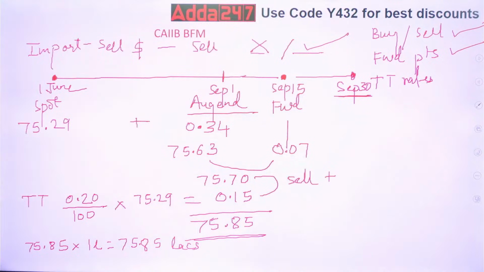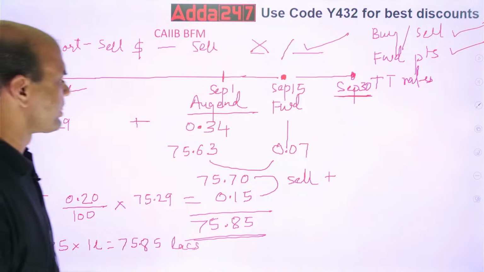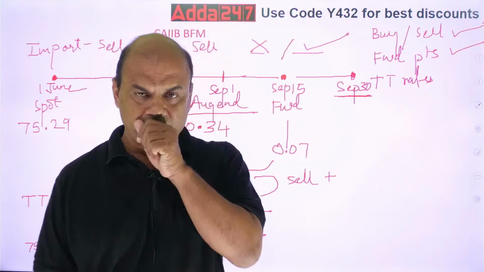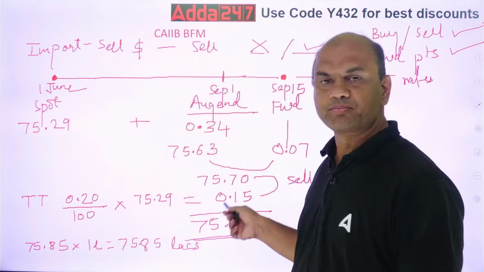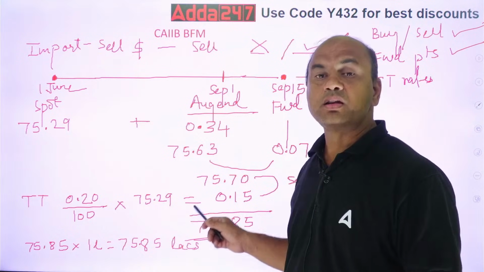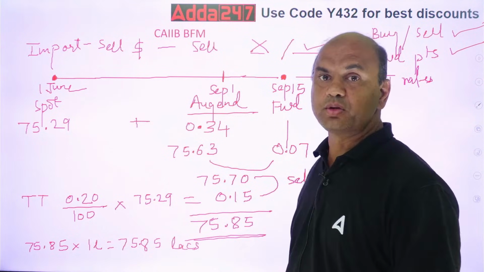Everyone must know this, how to solve it. All of you should try this. Okay? So 0.15, right? Got it? Now, what will you do with this 0.15? Will you add or subtract?